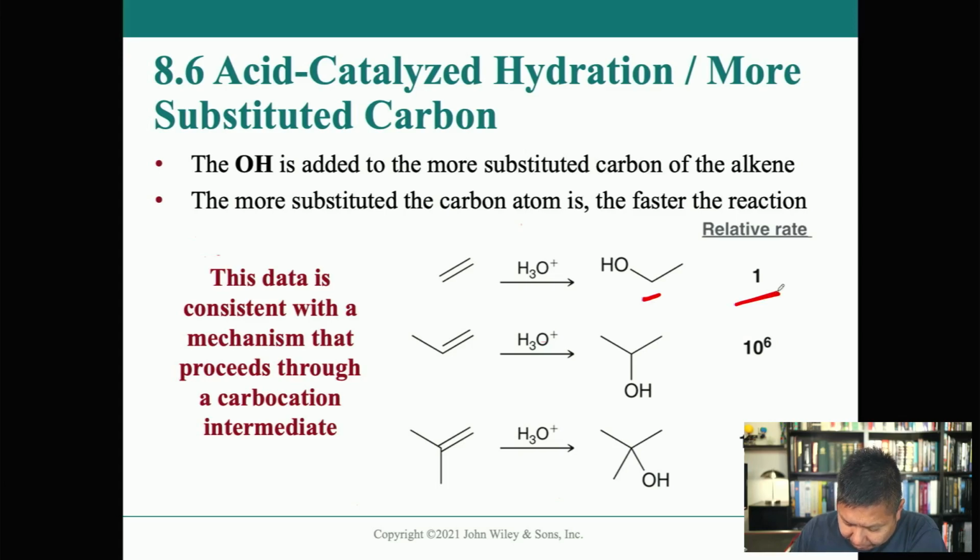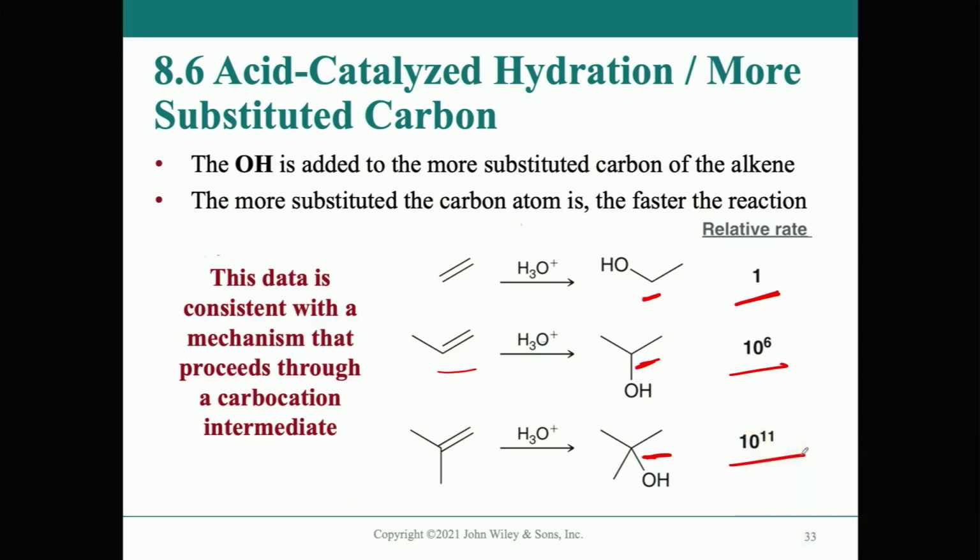And then when we lose the double bond here, we get a secondary, 10 to the 6th, and then we have a tertiary here, and we get 10 to the 11, right? So the data is consistent with a mechanism that proceeds through a carbocation intermediate. Okay, carbocation intermediate.